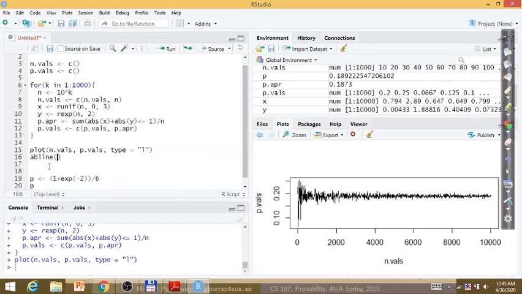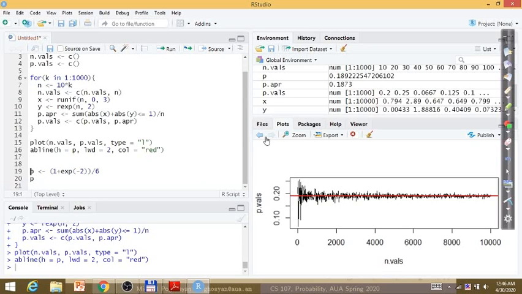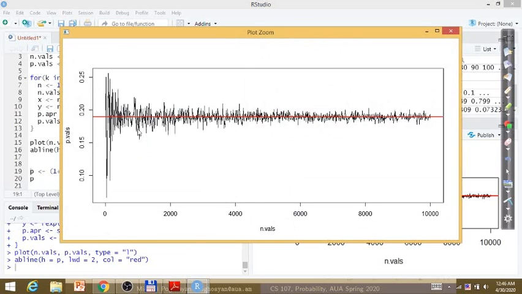If I write horizontal h equal to p, that will draw a horizontal line passing through y equal to p, with lwd 2, a little bit thick line, and color red. And you can see that as n-vals is increasing, the calculated probability p-vals are getting closer and closer to that actual real value.